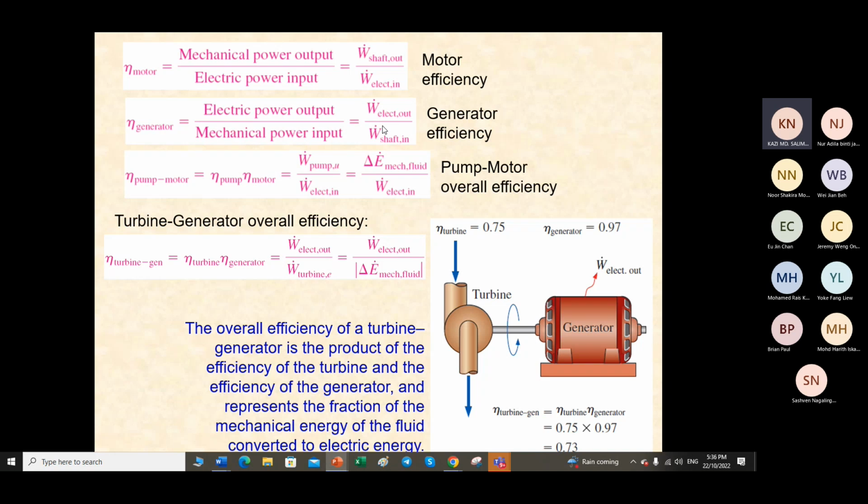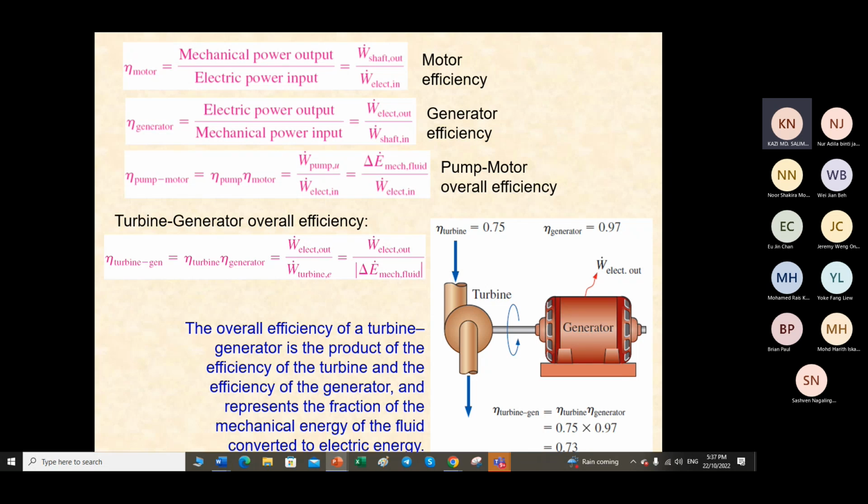So if the pump and motor efficiencies are both given, then we need to multiply the pump efficiency by the motor efficiency, which gives us the overall efficiency of the motor and pump together.